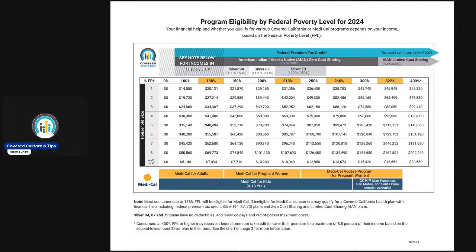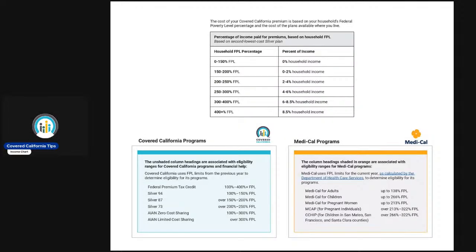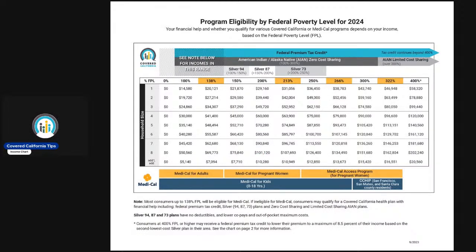Whereas you see, you keep going higher and higher. Obviously, the more money you make as an individual, the less of a subsidy you're going to get. So if you're making $58,000 per year, then you likely would not get as large a subsidy as someone who makes a little bit less.